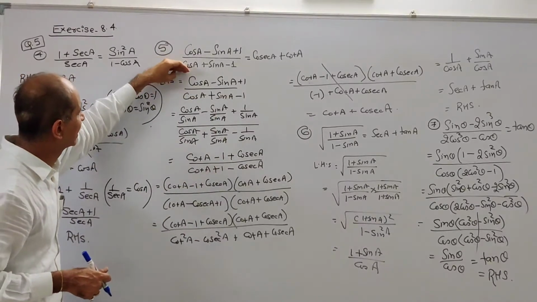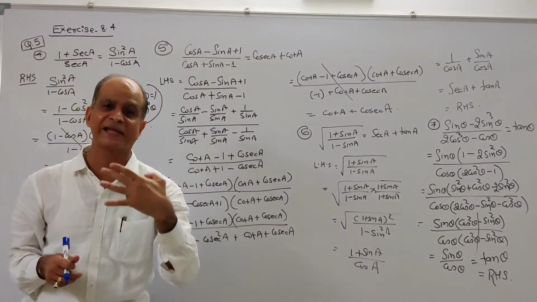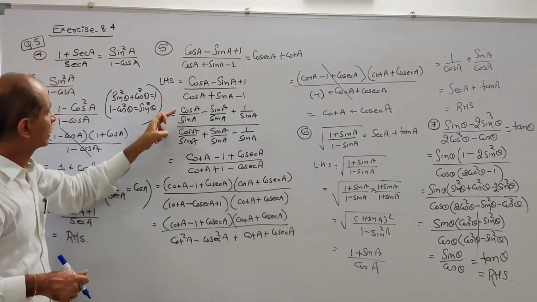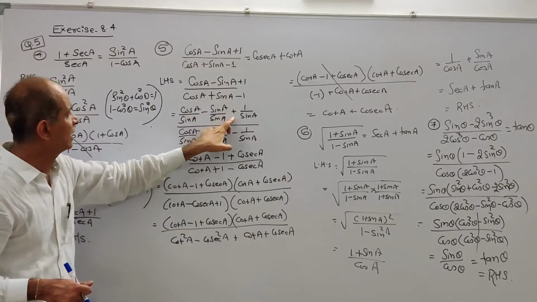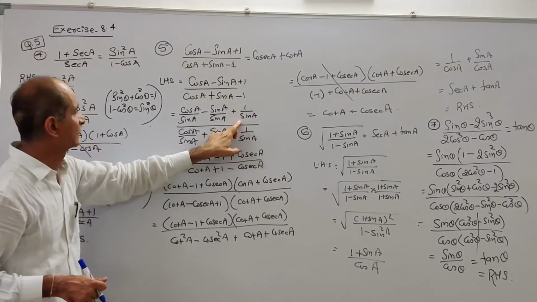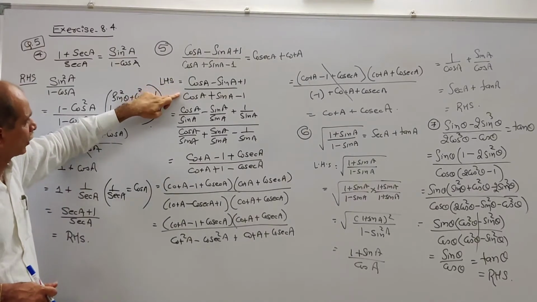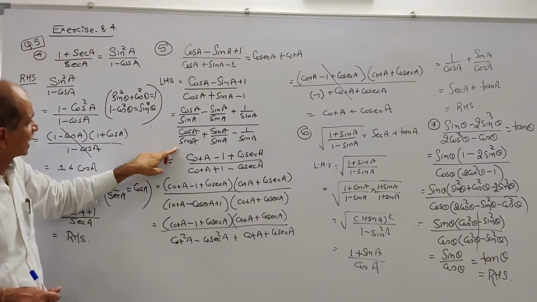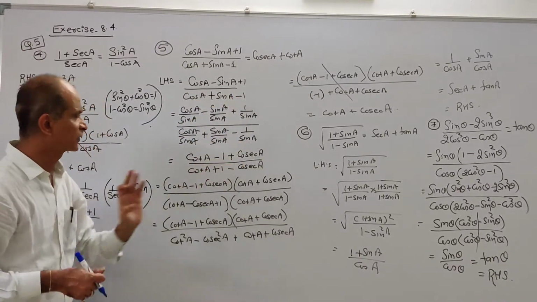So divide numerator as well as denominator by sin A. Here you get cos A upon sin A minus sin A upon sin A plus 1 upon sin A. Similarly, in the denominator, if you divide by sin A, what you get? Cos A upon sin A plus sin A upon sin A minus 1 upon sin A.